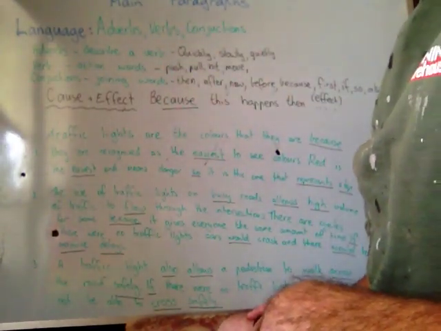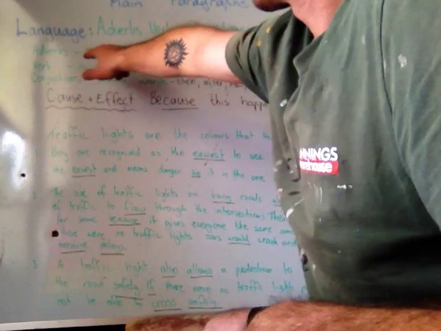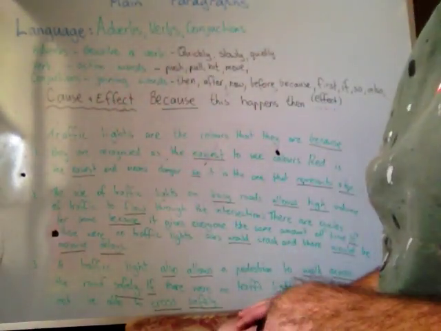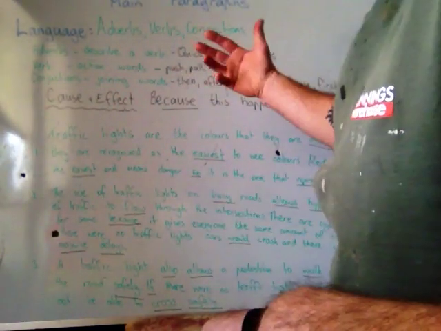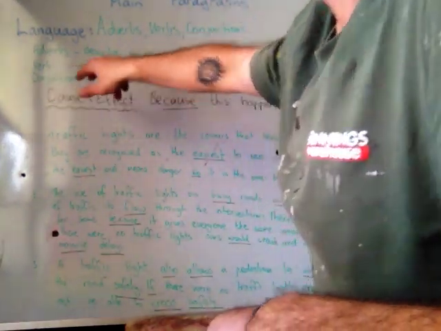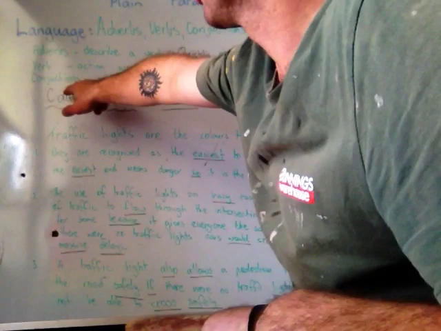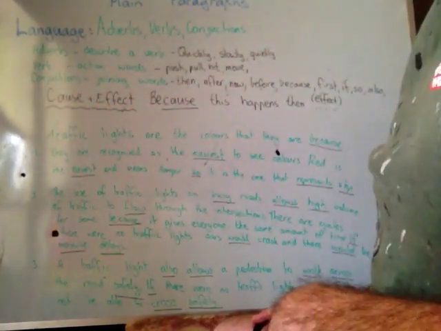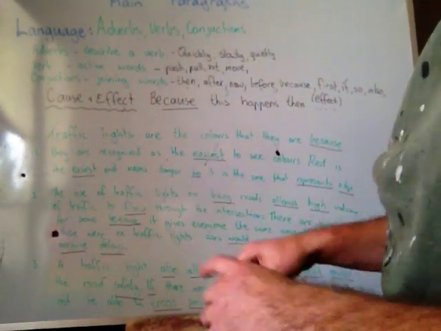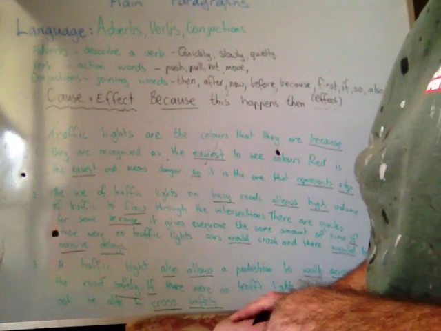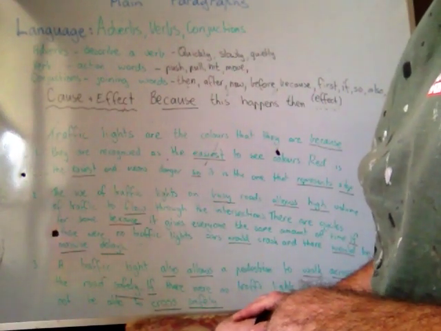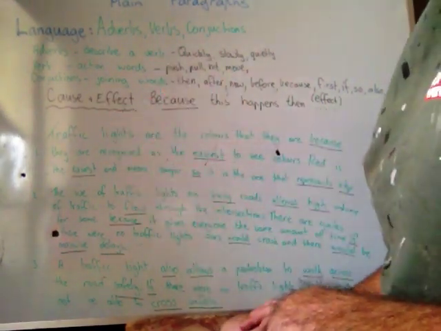Now adverbs, just to quickly refresh, they describe a verb. They describe how a verb goes. A verb is an action word, so it's something that you can do. Conjunction, joining word. It joins 2 words, 2 sentences together, or joins 2 ideas together, or it allows you to keep moving on with a thought.